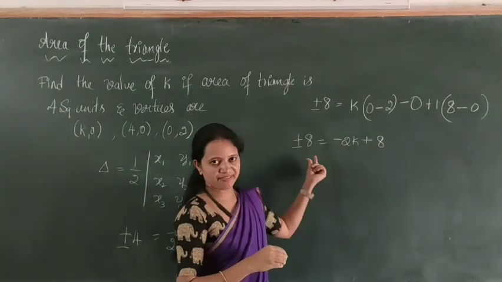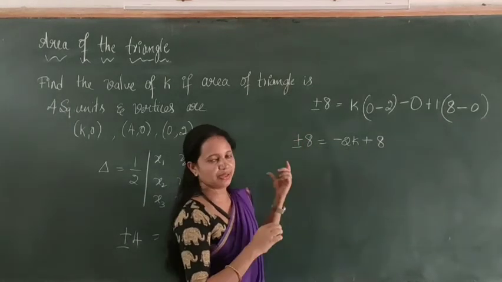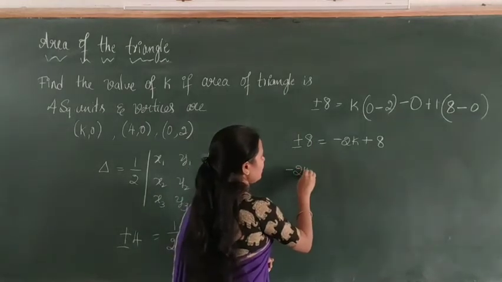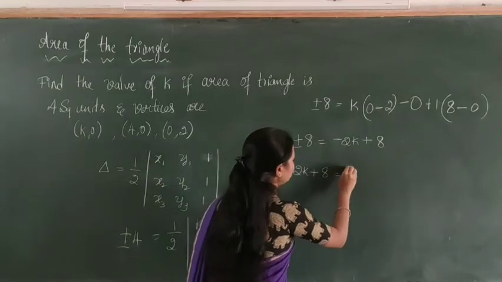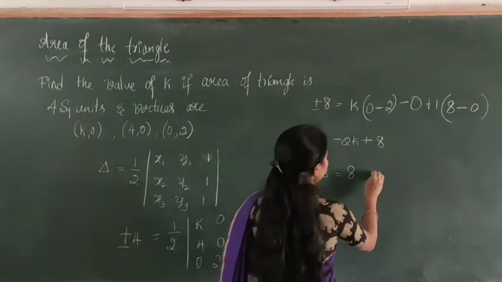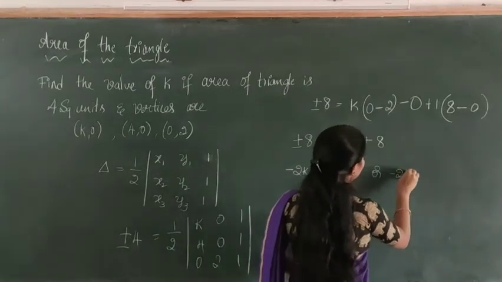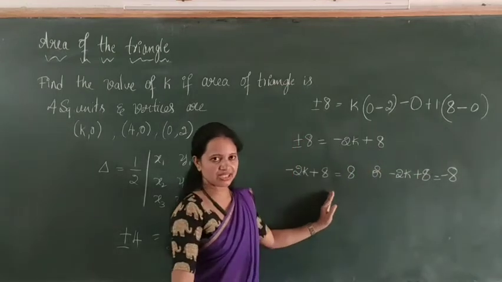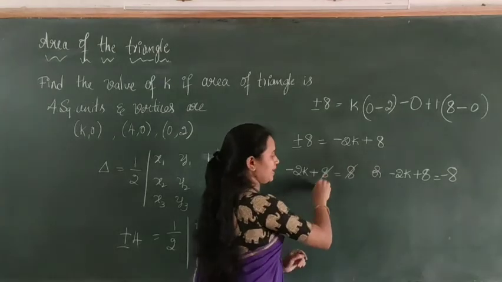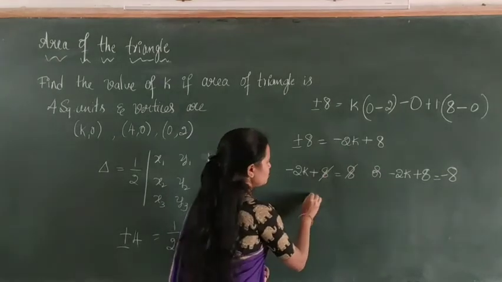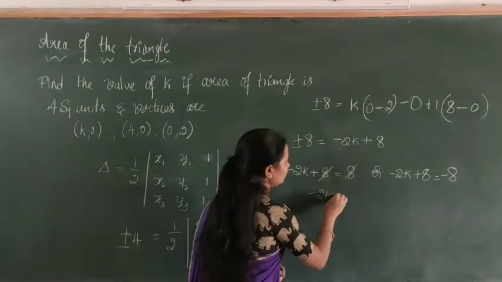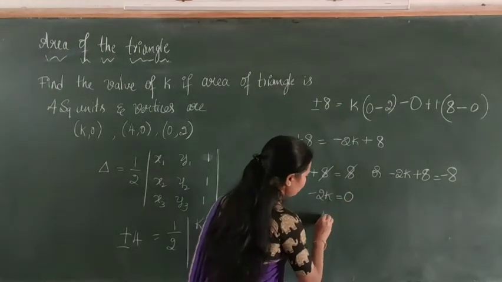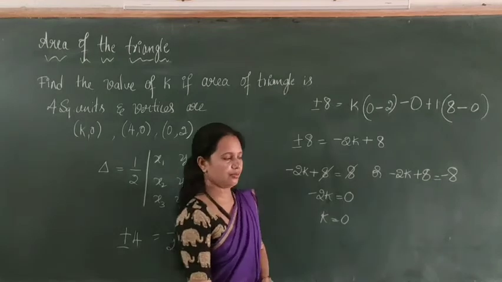We have to equate this expression to plus 8 one time and minus 8 one time. So minus 2k plus 8 equal to plus 8, or minus 2k plus 8 equal to minus 8. In the first equation, plus 8 and minus 8 get cancelled, so minus 2k is equal to 0. So the k value is equal to 0.